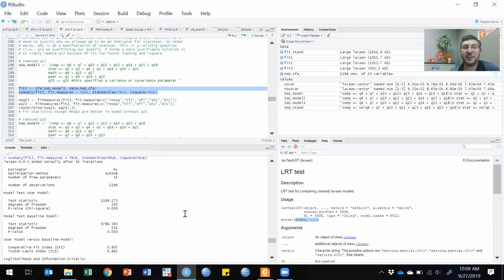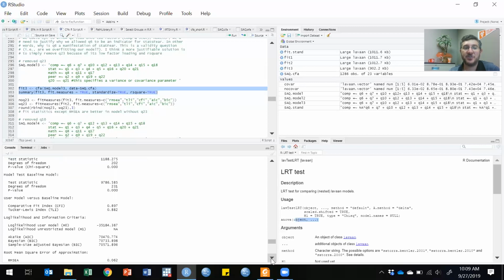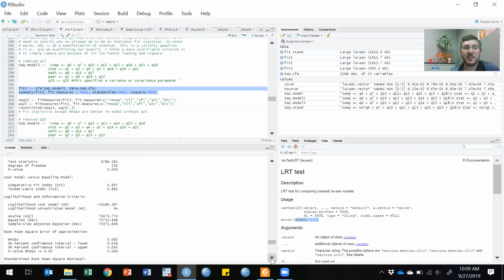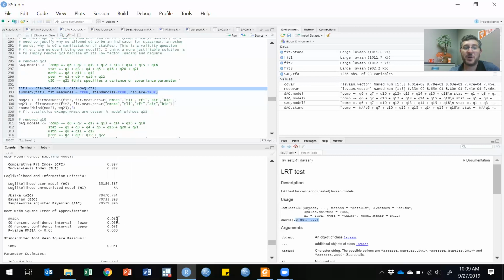And you can see our chi-square decreased again, still statistically significant. The CFI and TLI increased some. The root mean square of approximation is about the same. The SRMR went down some. These models aren't nested because there are different variables in each model, so a likelihood ratio test wouldn't be appropriate.